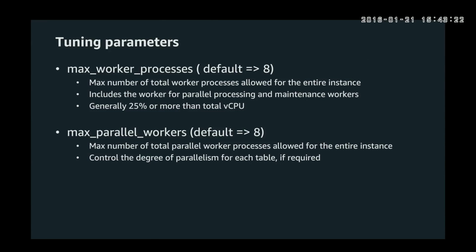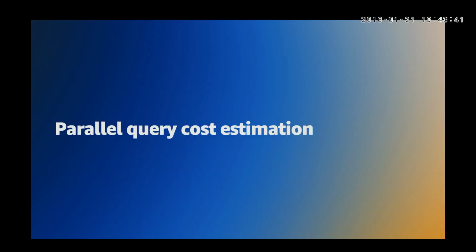As Raj speaks through some of the performance considerations, you will see how max parallel workers influences whether a query actually uses the number of workers it's supposed to use. One of the things is that max parallel workers acts as a governor so that your system is not overloaded with worker processes. With that, I'll pass it on to Raj to go through a lot of the cost estimation.